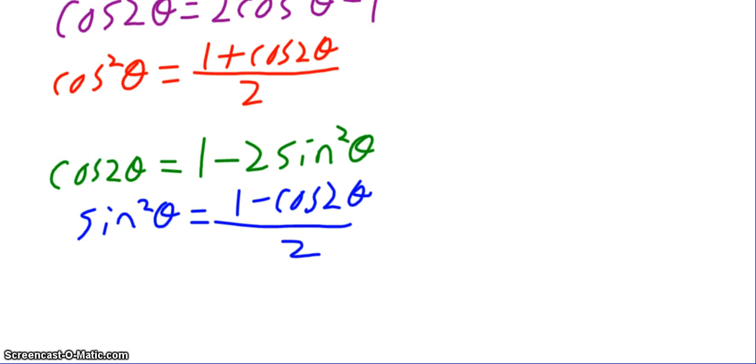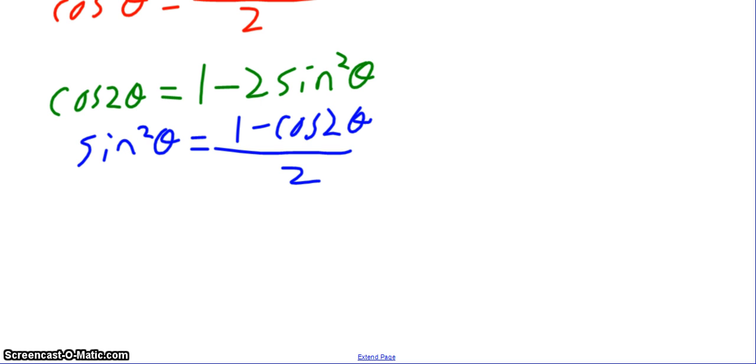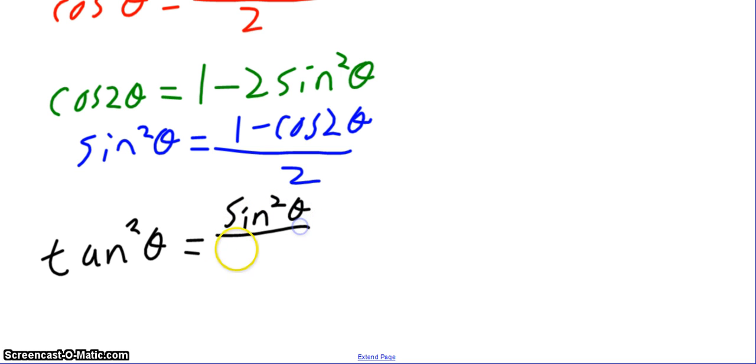Well, what about tangent? Well, tangent, remember, is sine over cosine. So I know tan squared theta is sine squared theta over cosine squared theta.